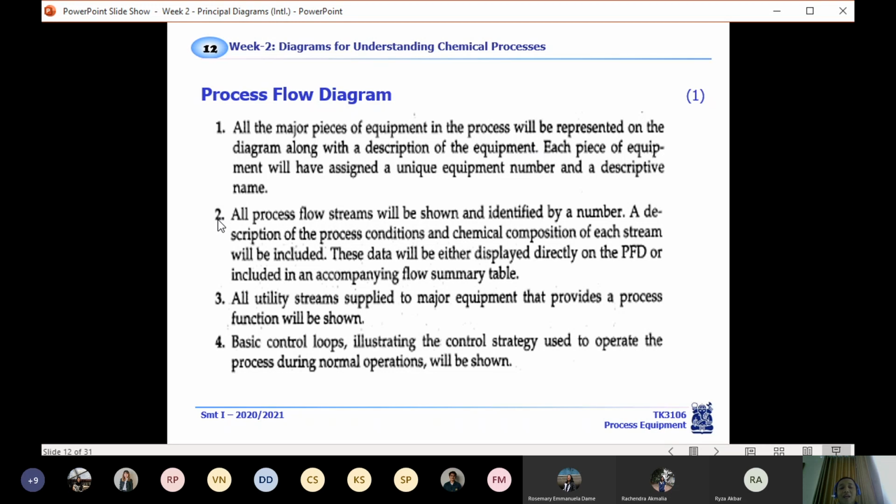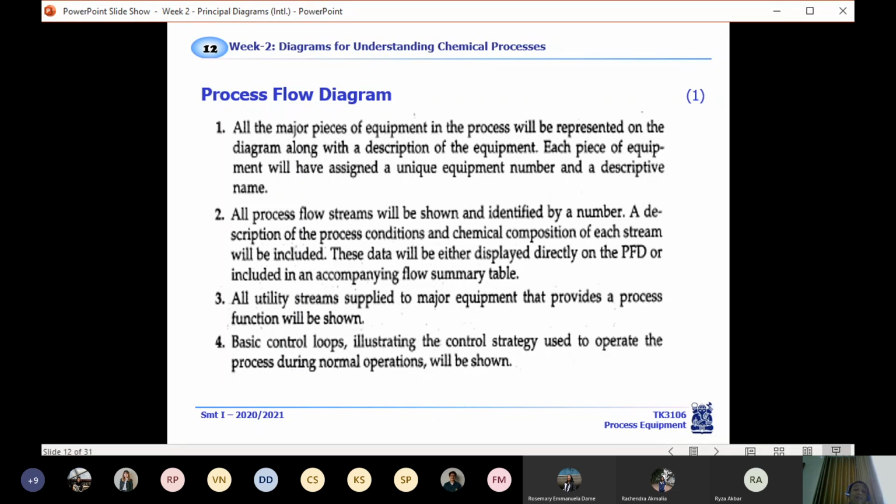Second, all process flow streams will be shown and identified by number. Remember in the block diagram, for example from the reaction to the gasification, you just connect by the arrow, the line, and the direction of the flow.